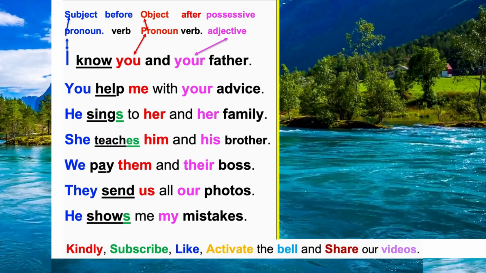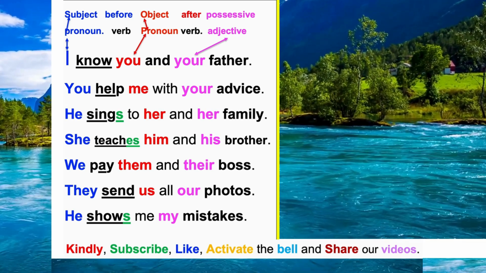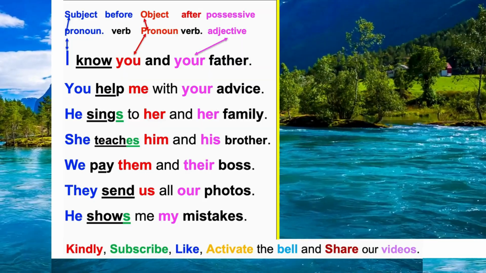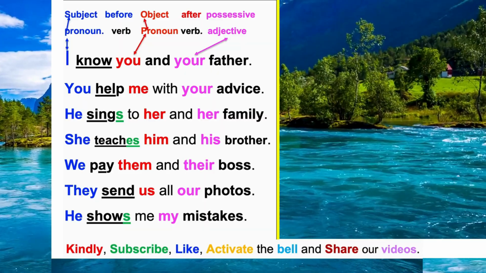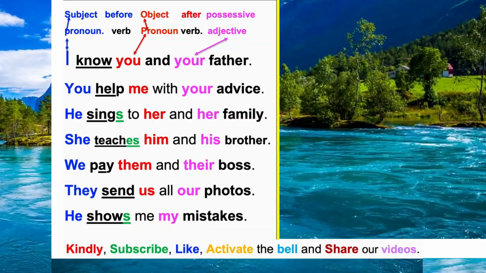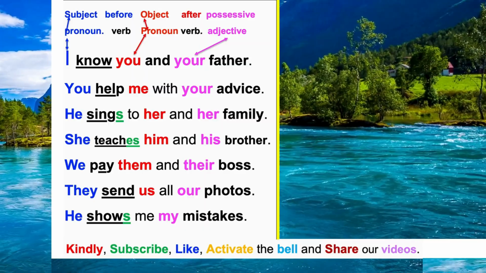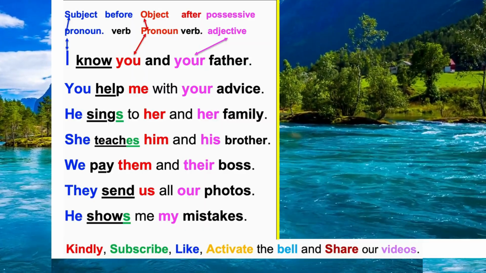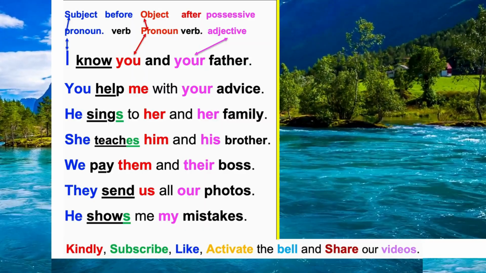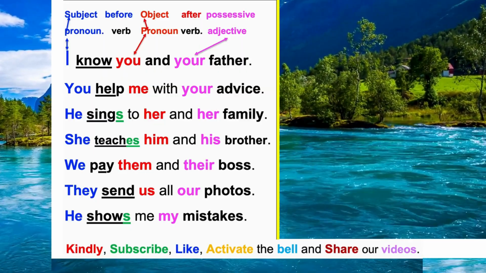He sings to her and her family. So now we have her twice, 2 times. The first her is an object pronoun. Why? Because it's after the verb. And the second one, the pink one, it's a possessive adjective because it is before a noun.